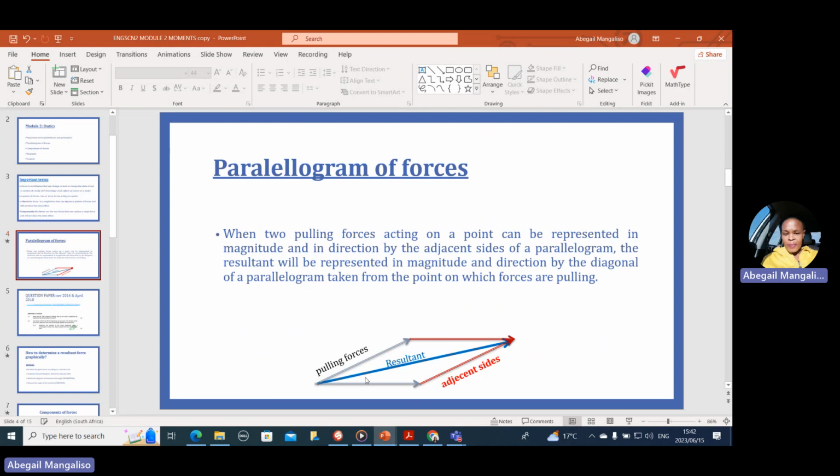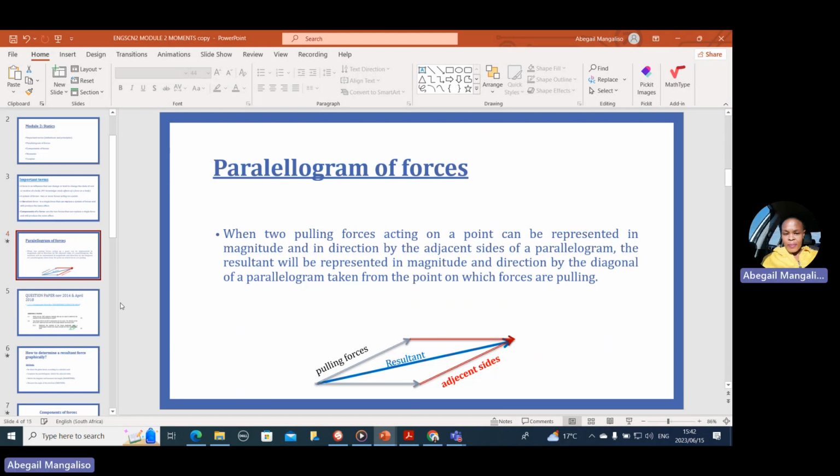This is the diagonal of this parallelogram, taken from the point on which the forces are acting. So the direction of the resultant will be this way.